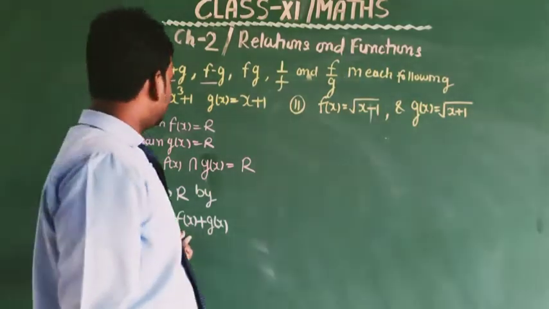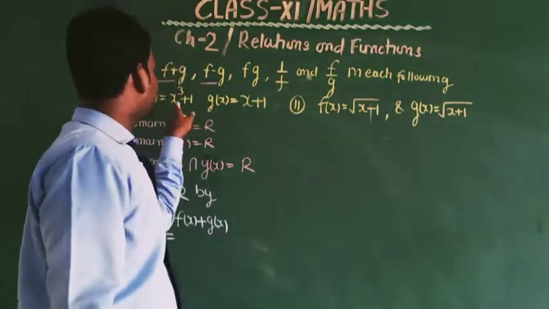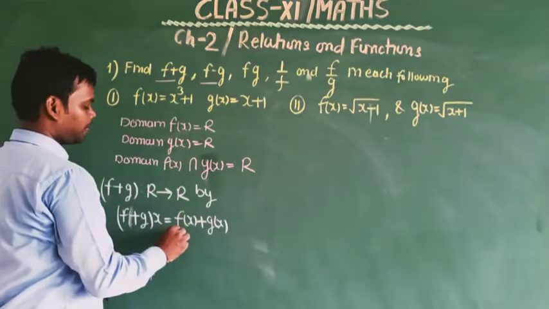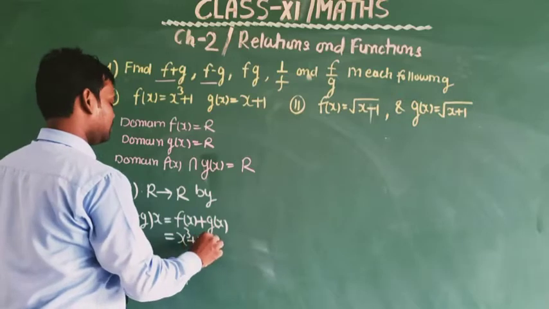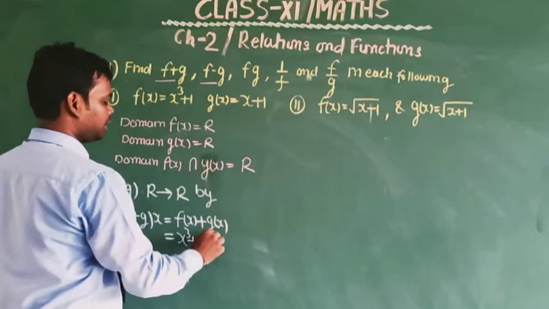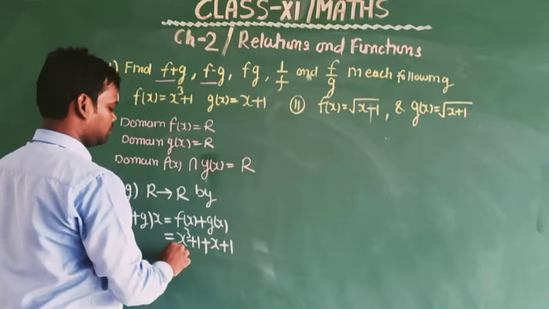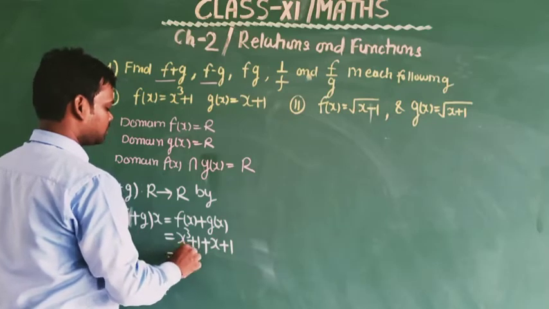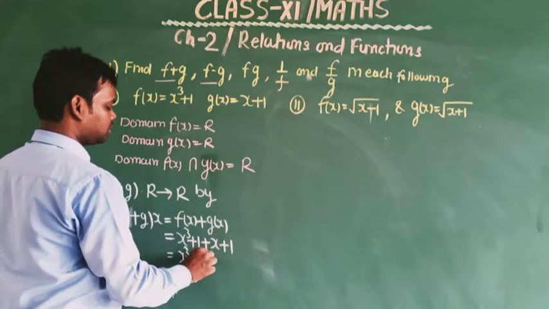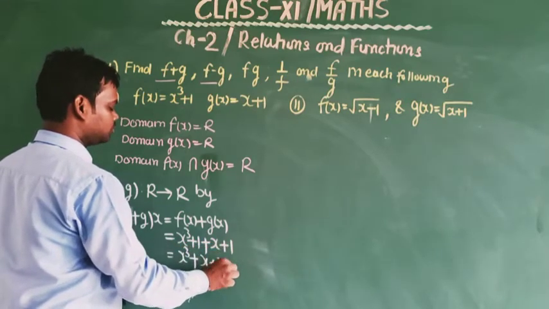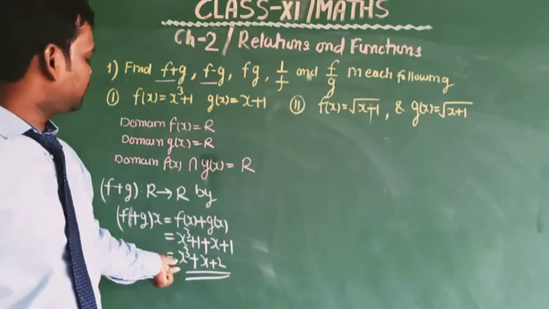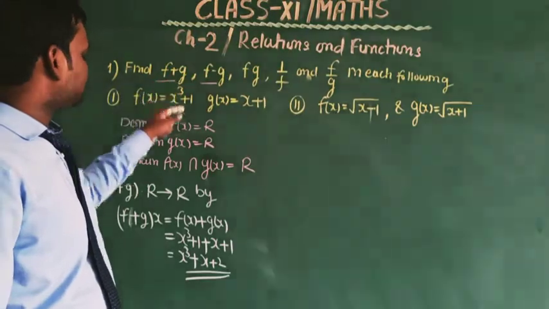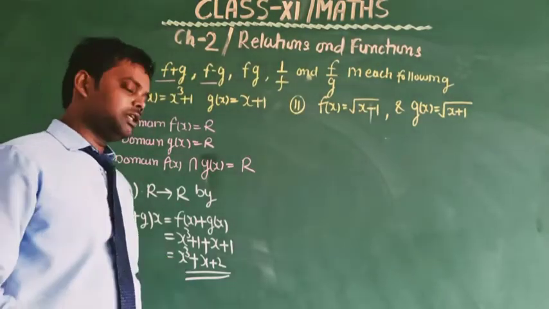Now substituting the values of f(x) and g(x): f(x) is x cube plus 1 and g(x) is x plus 1. So x cube plus x, and 1 plus 1 is 2. So the required sum of the functions f plus g is x cube plus x plus 2.